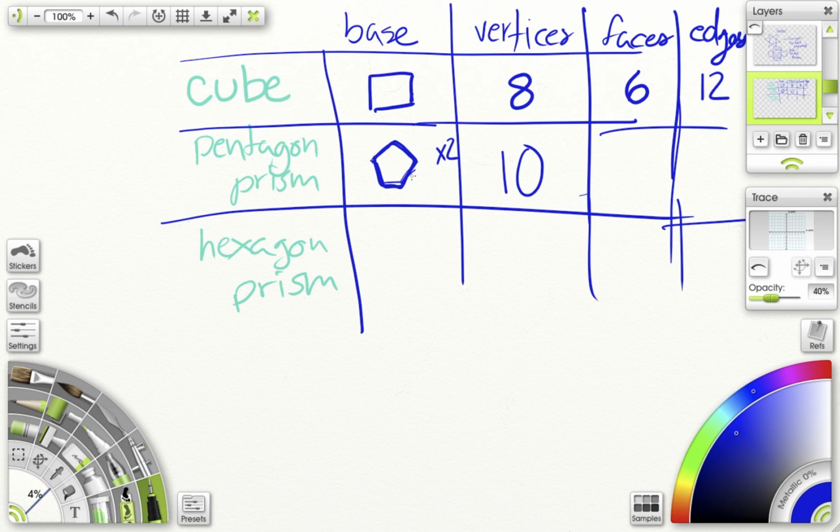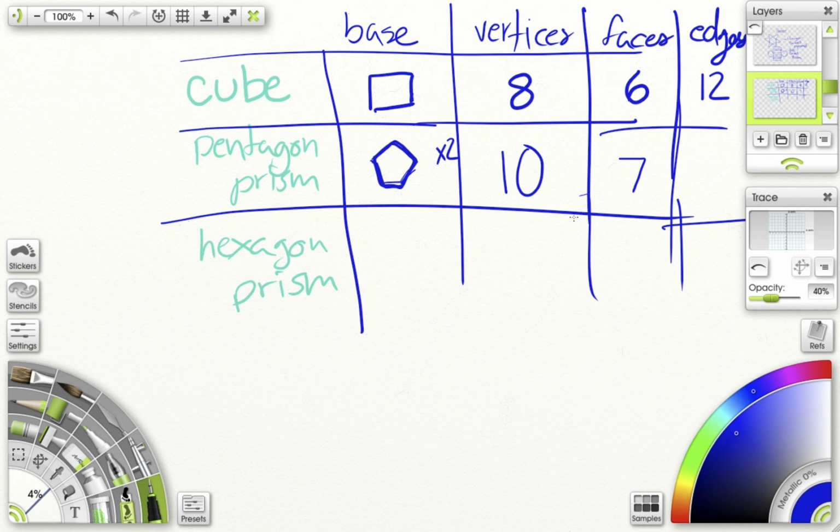So I basically just take the number of sides and I add 2. So how many sides? There's 5. 5 plus 2 is 7. So for vertices, number of sides times 2; number of faces is the number of sides, sorry, plus 2.